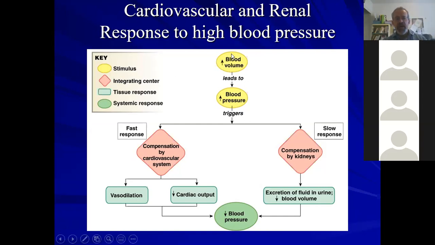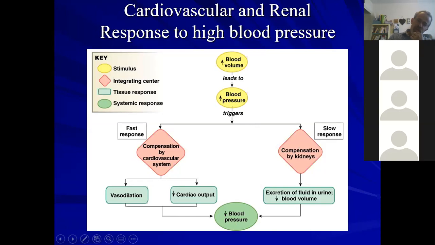We already know that if the blood pressure goes up, the cardiovascular system has a very fast response that will decrease cardiac output. It will increase the diameter of blood vessels, which will make blood flow much easier, and that will reduce blood pressure. But then we have a slower, more sustained response, and that's the kidneys.